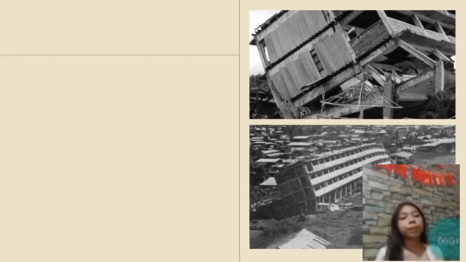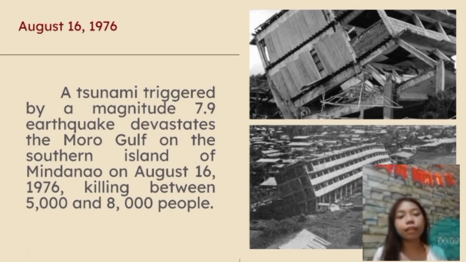First is a tsunami triggered by a magnitude 7.9 earthquake that devastated the Moro Gulf on the southern island of Mindanao on August 16, 1976, killing between 5,000 and 88,000 people.